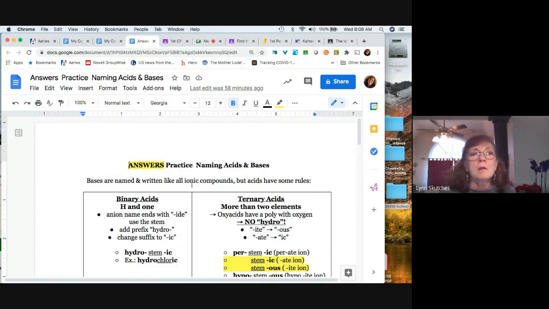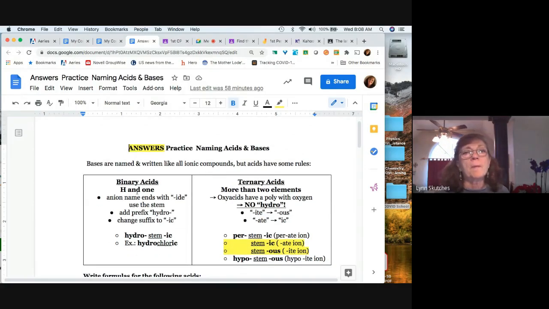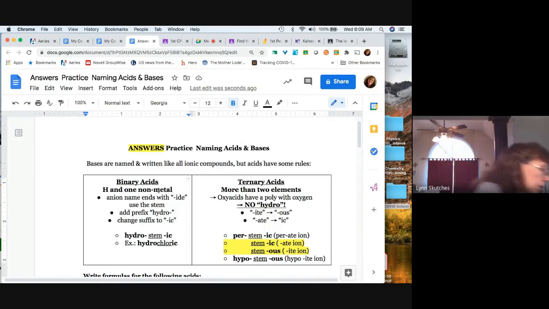And here we go. So remember, binary acids are simple. They are hydrogen with one ion. I'll have to add that in. There we go. And again, the anion's name ends in IDE. There's a couple of polyatomics where that's true, okay, but most of the polyatomics end in ite or ate, as you know. So all of the binary acids' anions would end with ide.